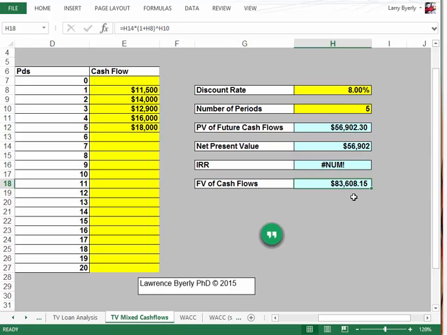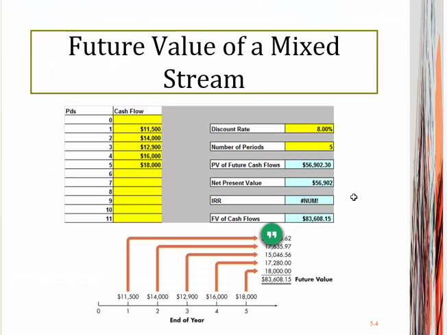You could certainly do it by hand, as this example shows, doing them individually and just adding them up. I think the computer is a little bit quicker to get that process done.